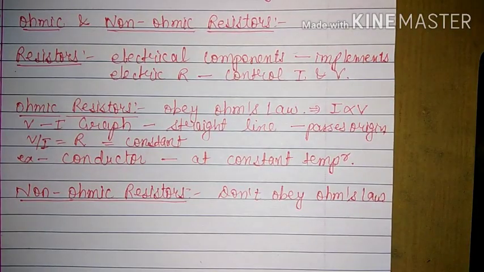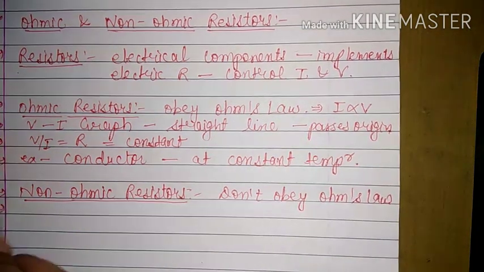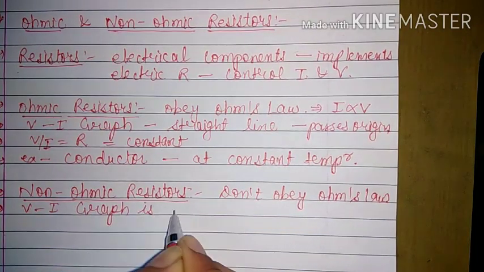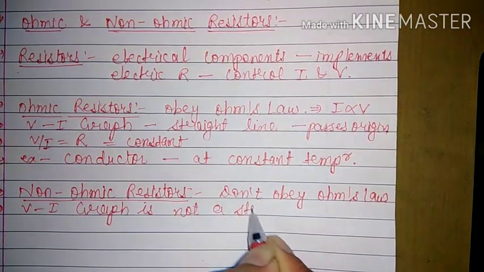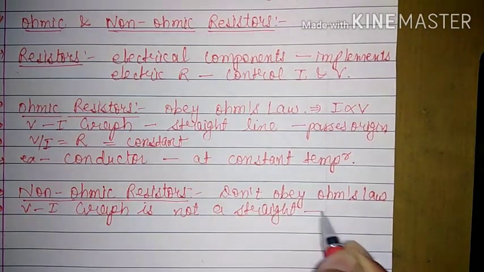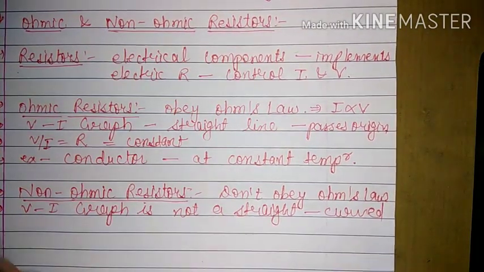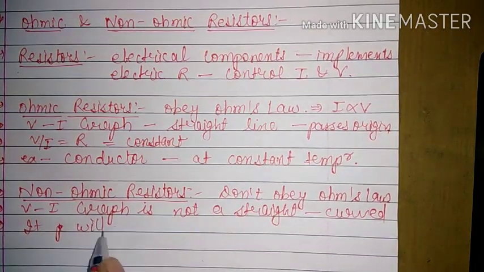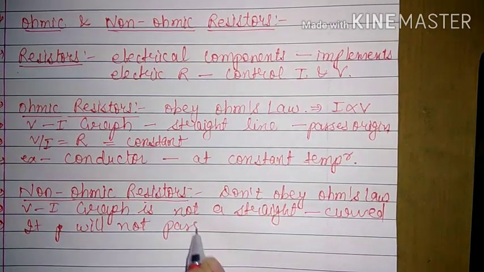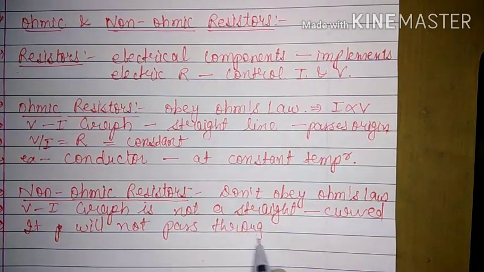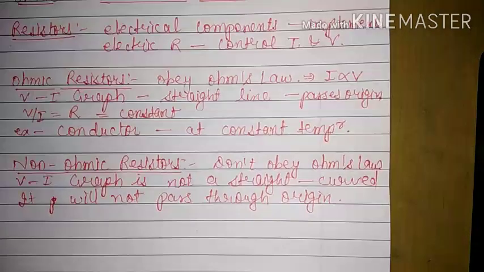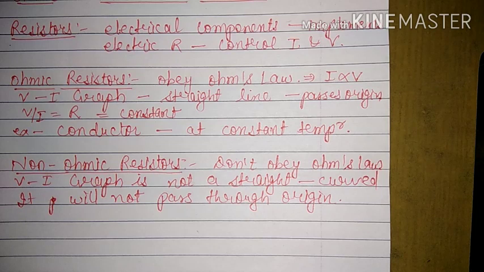That means the VI graph is not a straight line, but it can be curved. And next, it will not pass through the origin. And then some examples are there.